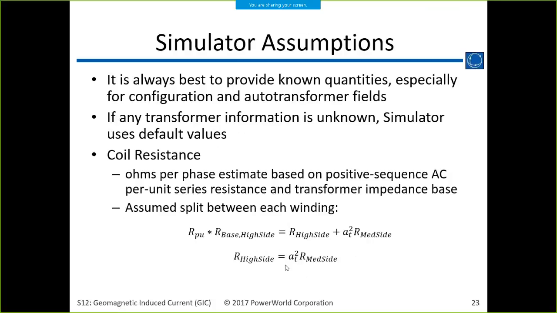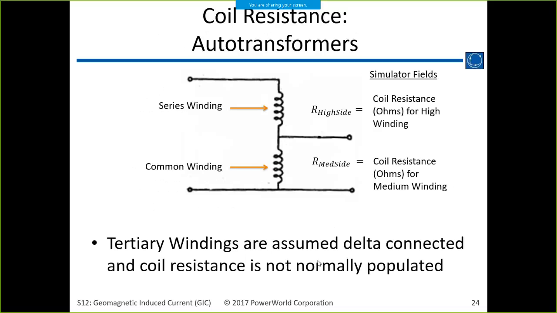For the coil resistance, it's going to use these two equations to estimate the AC per unit resistance for the transformer. It'll split that between the high side and the medium side if you don't put in a coil resistance for each winding. If you do put a value in for each winding, then this equation is not used. It'll use the value that you put in.